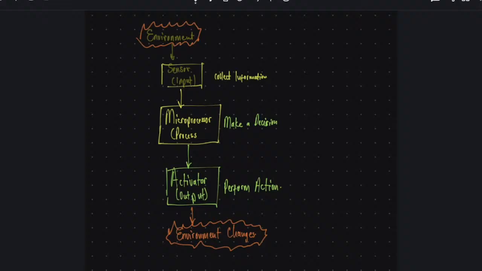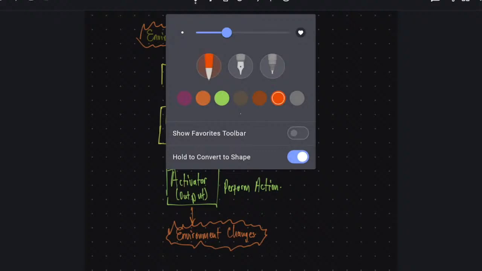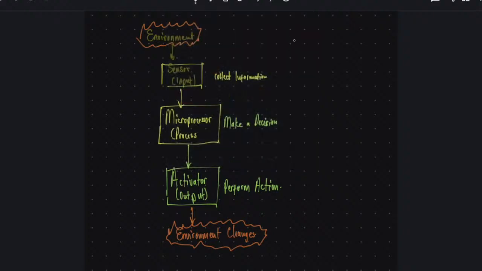So you have the environment. The sensor will collect information from the environment, and it will make a decision. And after making a decision, it will make the activator perform an action. That action will be to change the environment. And this right here is an automated system.